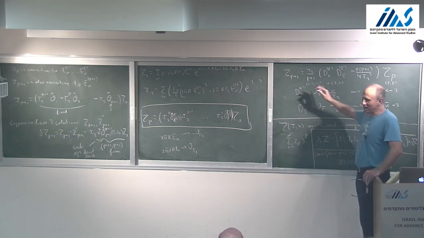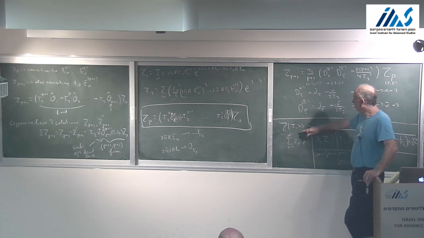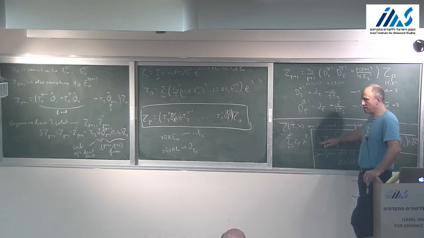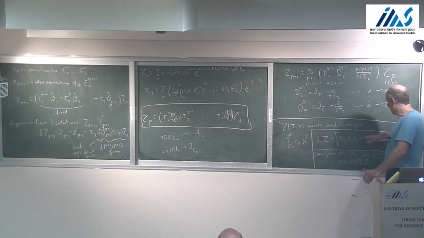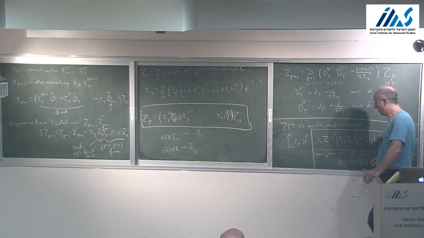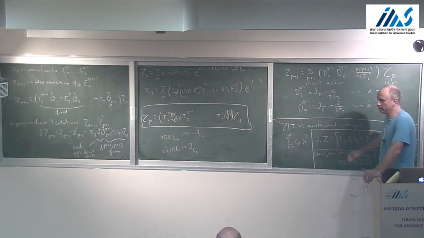I told you exactly what I'm doing and what I'm assuming. I concluded that the Z_Ps satisfy this, which is the same as that for the perturbative series. And now I assume that the definition of my theory is such that this equation is valid for finite lambda with the initial conditions I wrote here. We'll discuss non-perturbative aspects a little later, but this is what I'm saying right now.